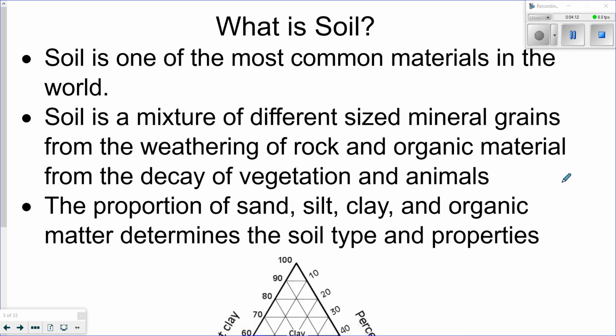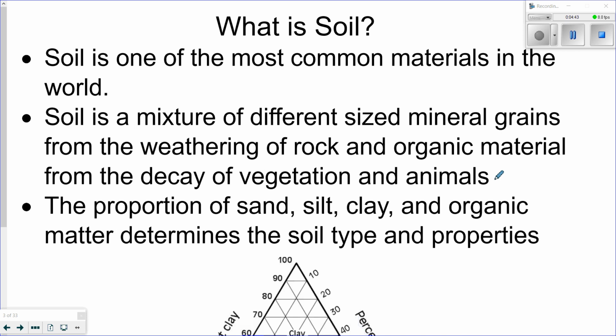But it's a mixture of different sized mineral grains from the weathering of rock and organic material from the decay of vegetation and animals. So it's not just rocks, dirt, and small particles. It is going to have vegetative matter, like roots, seeds, leaves. It could have anything from animals like hair, fecal matter, and different things like that as well.